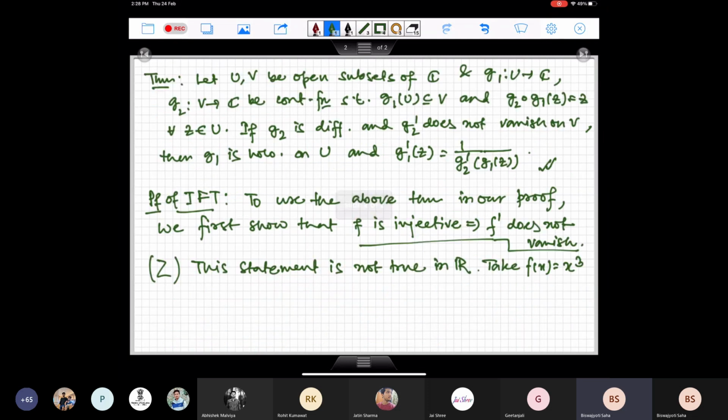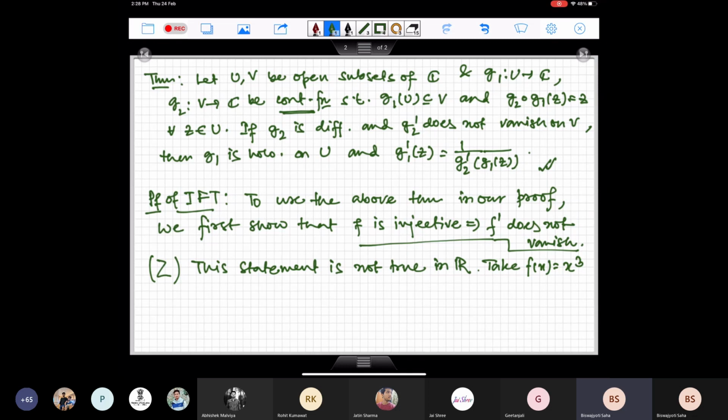So this continuity part will be automatic. G1 and G2 will be automatically continuous. Of course, here your G2 is f, and G1 is your f inverse. So continuity will come automatically, but the non-vanishing of the derivative is what we need to ensure.